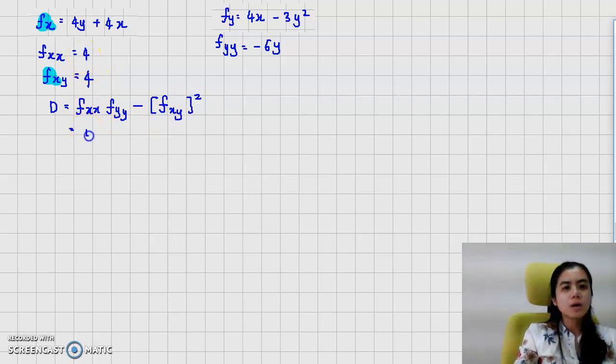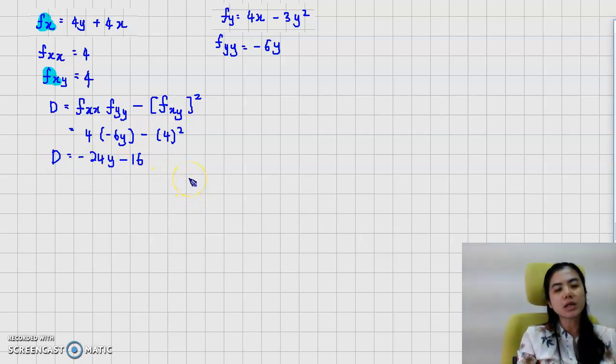That is 4. Now what is this? This is actually minus 6y, and this is actually 4 again, so we have to square. So the substitution, we will have minus 24y minus 16. That is your discriminant equation, okay, or the D equation.